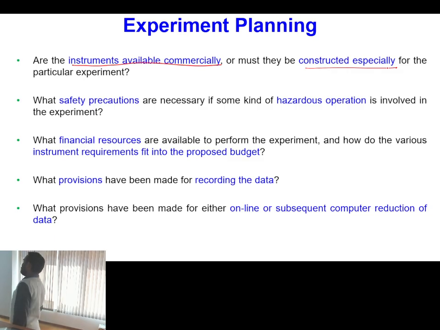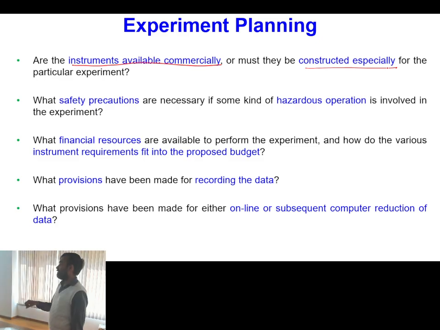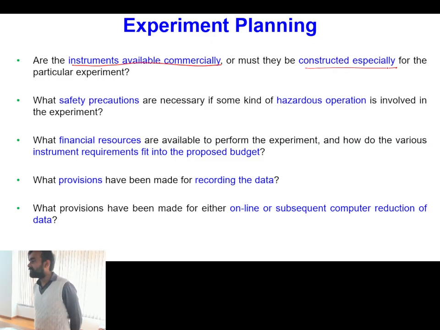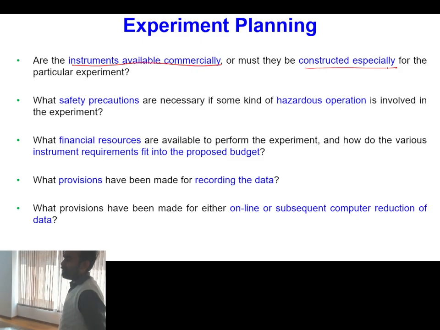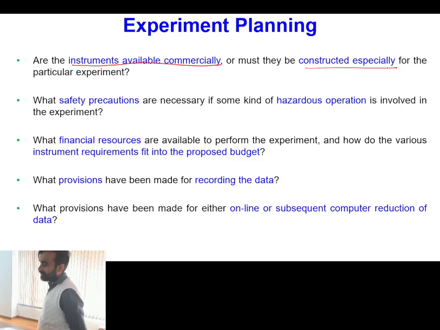Whenever you are designing an experiment, your effort should be to use instruments which are already available in the market. Because if you have selected some instrument which is not available and first you have to fabricate it and then do the measurement, it will involve cost and time. But there are certain scenarios in which you cannot avoid it and you have to construct the equipment as well.